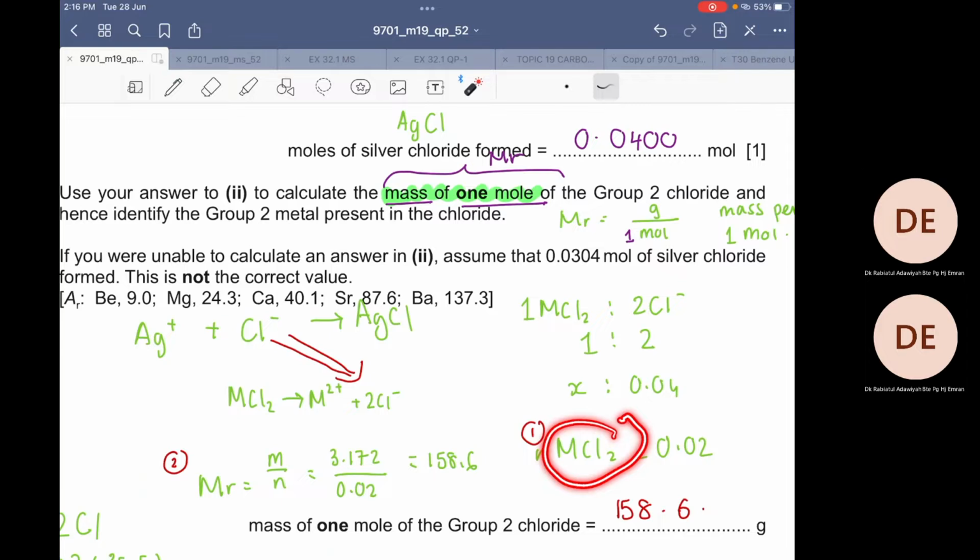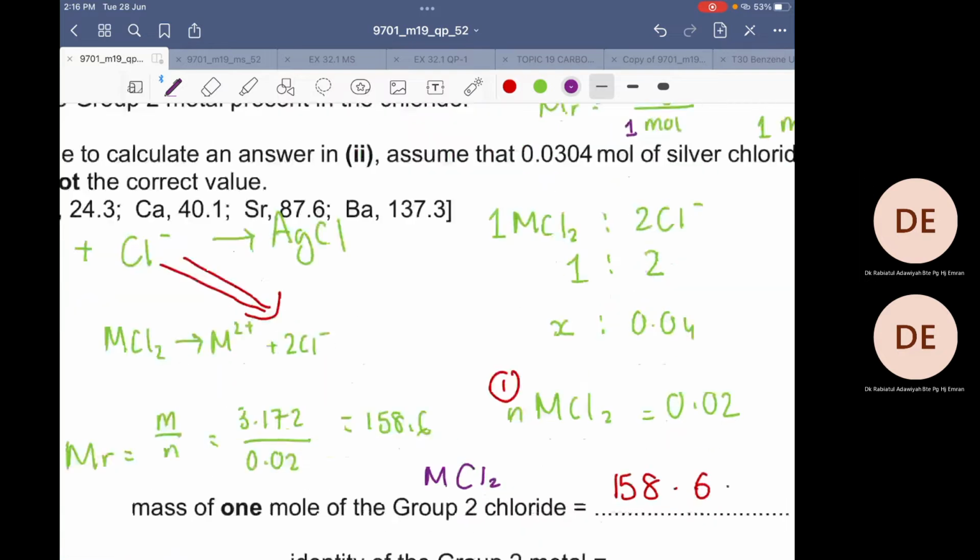How do I find what metal that M is? What can I do with this information?